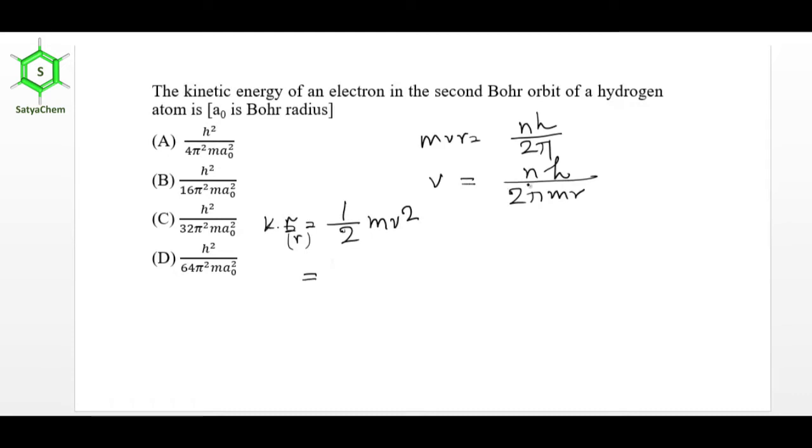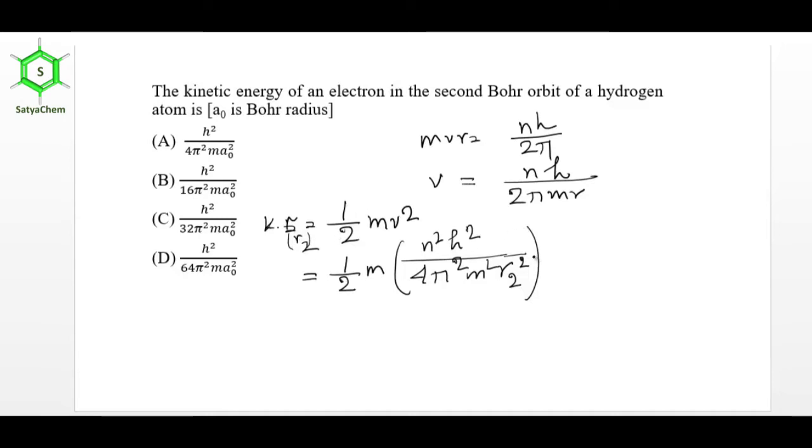Now since v equal to nh by 2 pi mr, it will be half m n square h square by 4 pi square m square r square. Here r is r2, because we have to calculate the kinetic energy of the second Bohr orbit.